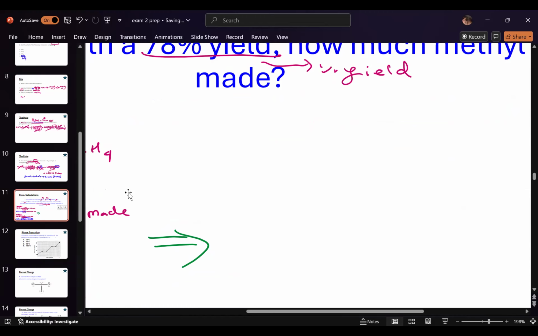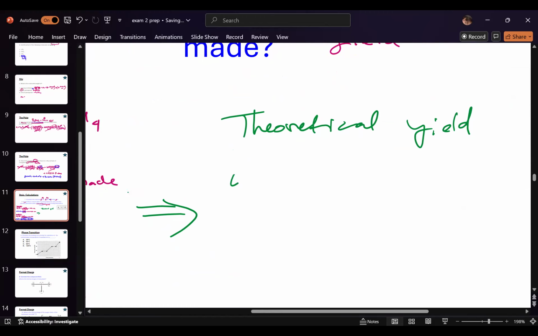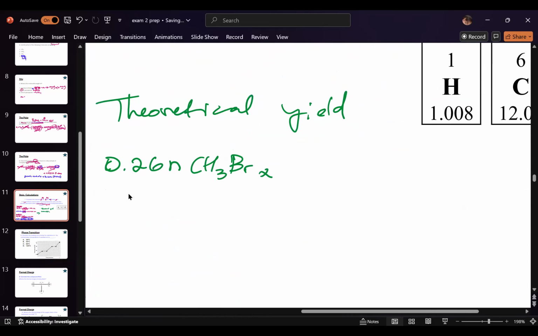Theoretical yield. We're gonna be using our limiting reagent, 0.26 moles of CH3Br, and we're gonna be translating this from moles. I'm saying translating, but the wording is converting. I'm gonna be converting from moles to grams. So we're speaking in moles, but we gotta talk in grams again.